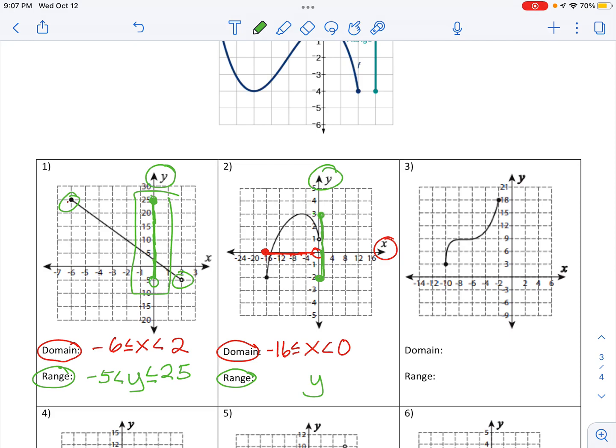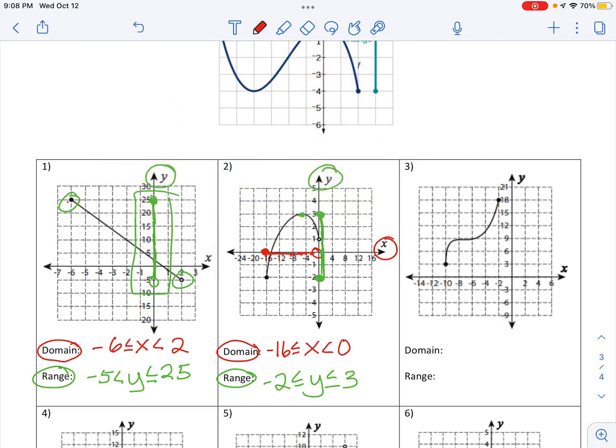At 3, there isn't any circle at all, but we assume that it's a closed circle. We're assuming that it actually has a point right there at 3. So we're going from -2 to +3 on the y-axis. At -2 is a solid circle. Same thing at +3. That's how we would write our compound inequality for the range.